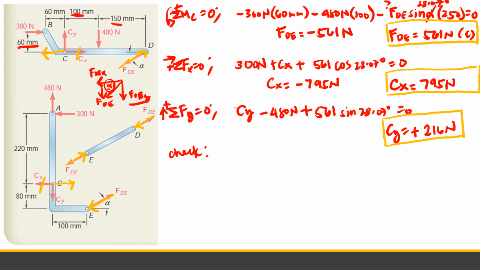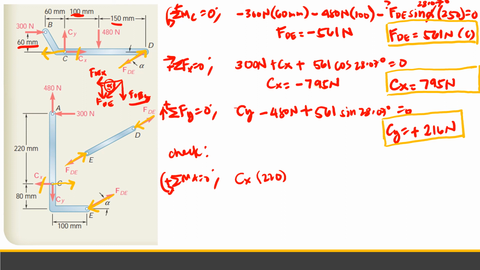So, magmo-moment tayo sa A. Summation of moment at A equals to 0. So, dapat mag-0 din yung sagot natin, no? So, first is yung CX. CX natin is counterclockwise na siya. So, that is 795. Wait. Yung CX times 220 and then yung components ng FDE.